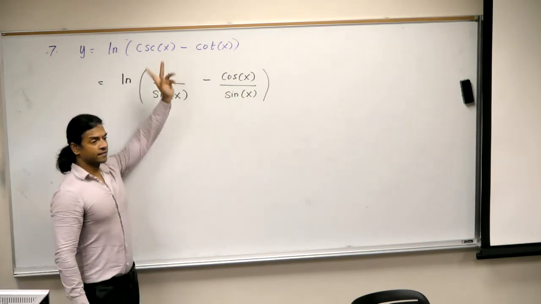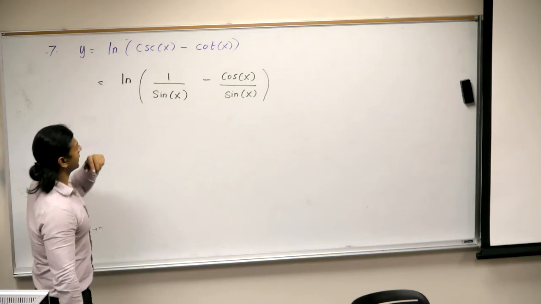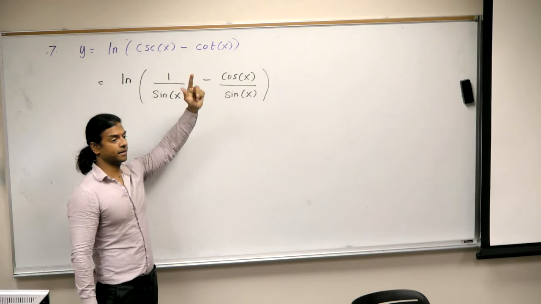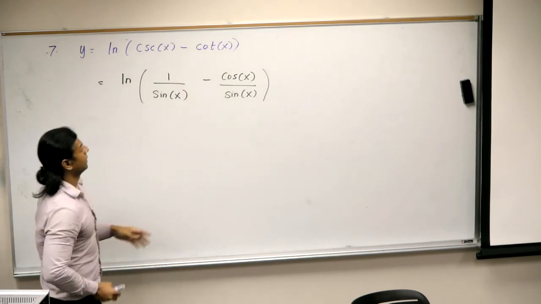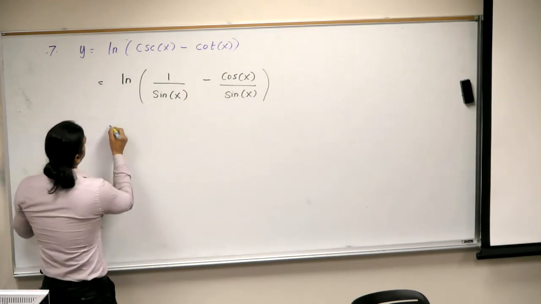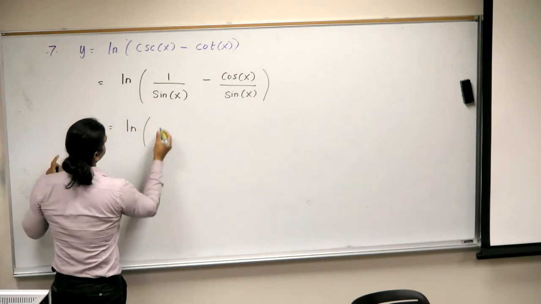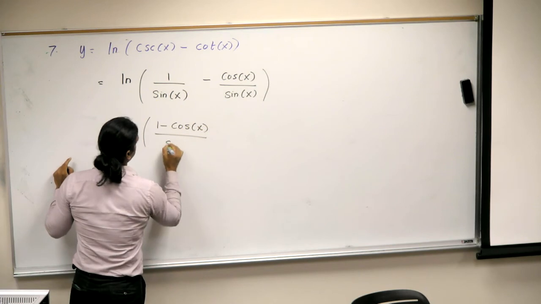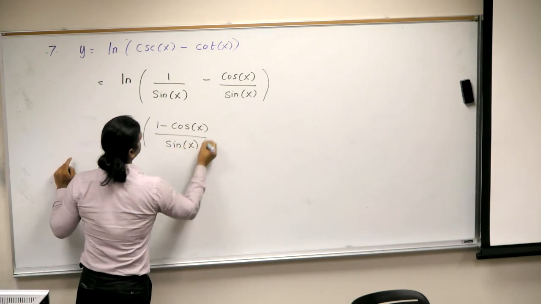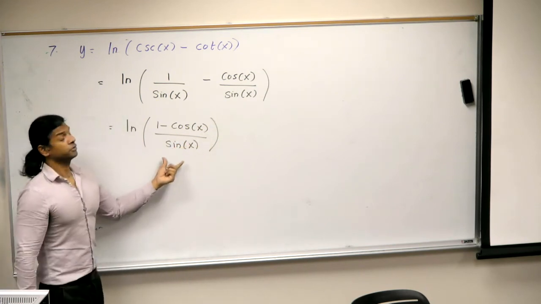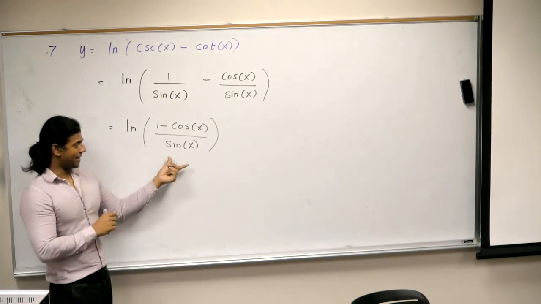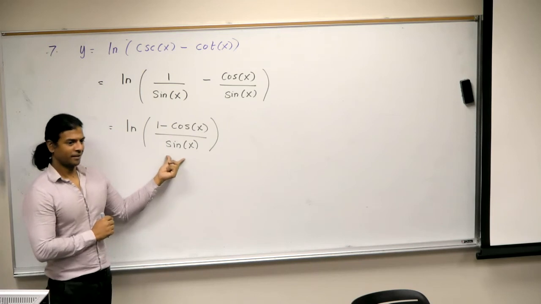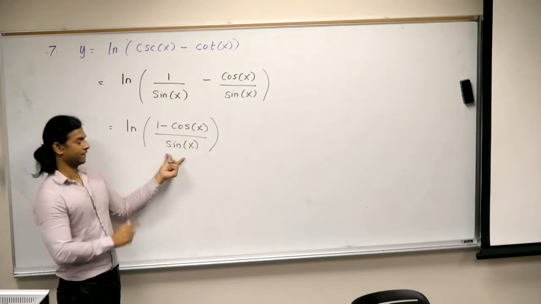I look at those two terms and immediately I go for the fact that the sine's going to come here, sine's going to come here. I can combine the two. Since I have a common denominator, you end up having 1 minus cosine x over sine x. And then from there you can use quotient rule. Sure, Alejandro says use quotient rule. I'm not going to. There's something else I can do which would make this problem easier.